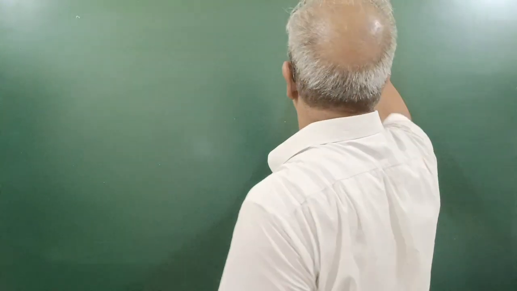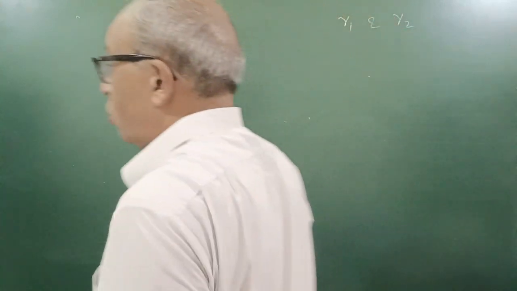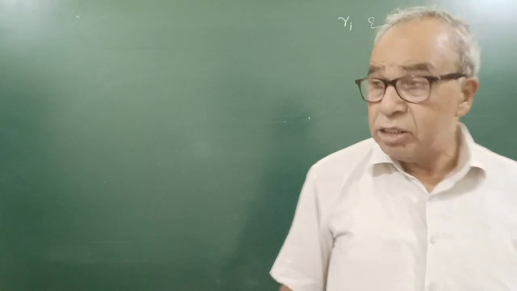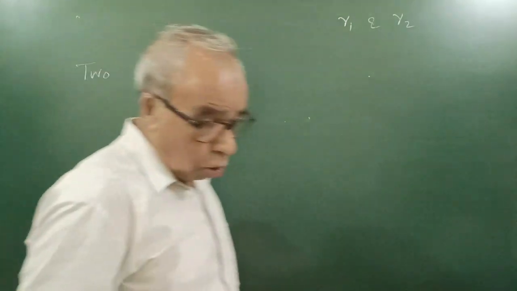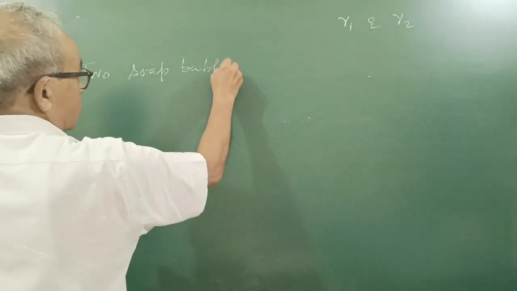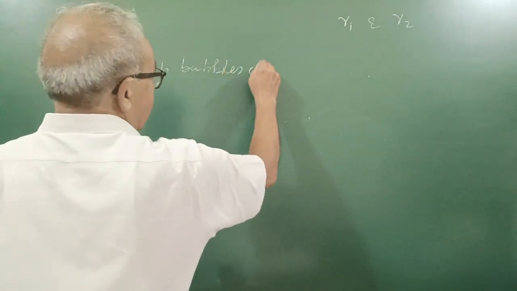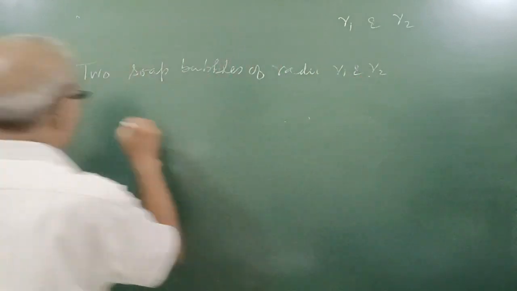It says two soap bubbles of radius R1 and R2 coalesce in vacuum under isothermal condition.